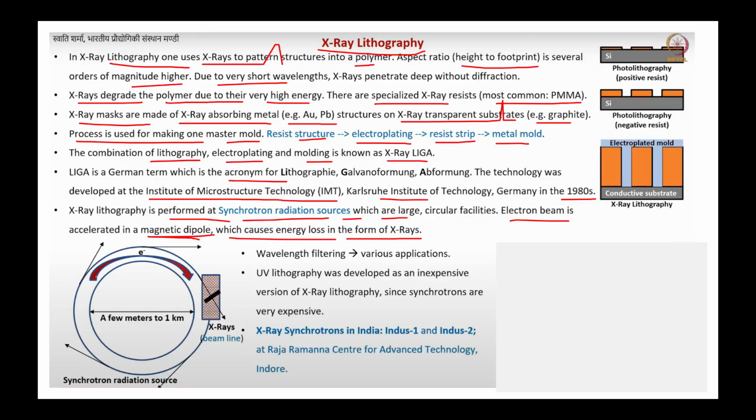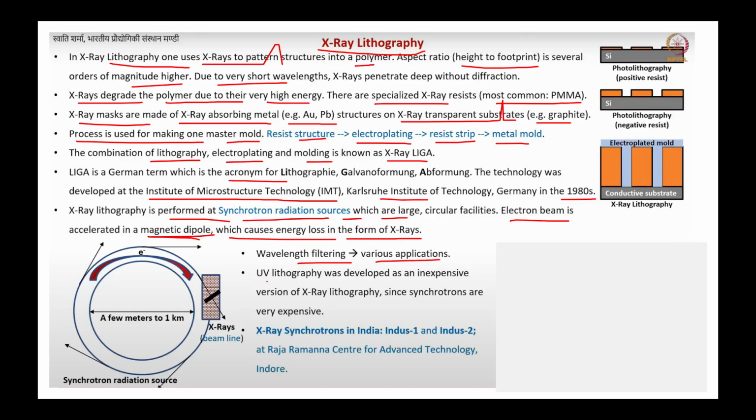The electron is accelerated in the magnetic dipole, which is a few meters to 1 kilometer, and it loses energy and the X-ray comes out as a product of this energy loss and hits. The wavelength filtering will be there for the various applications.